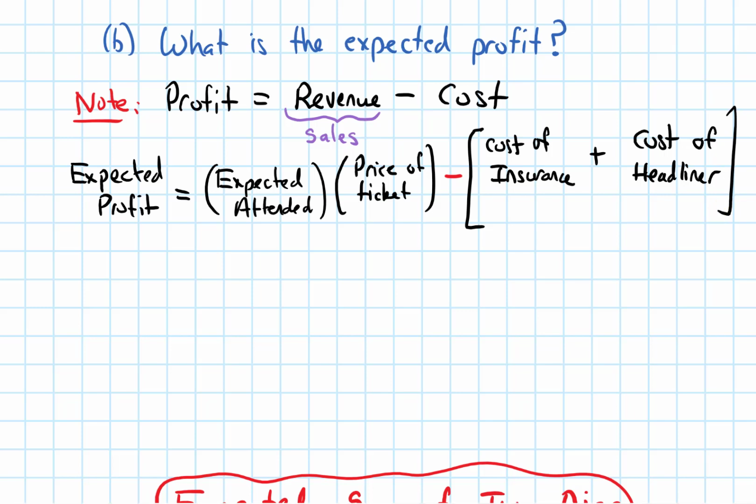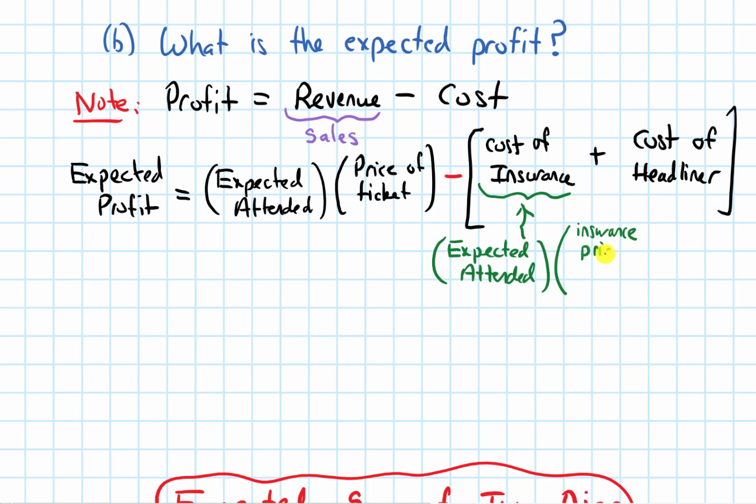Let's focus on the cost of insurance. The problem said they needed to pay $5 for each person who attended. So I'm going to have to factor in the expected attendance, count how many people decided to come to this festival, and multiply that by the insurance price per person.